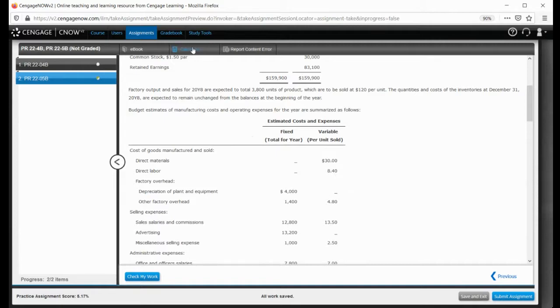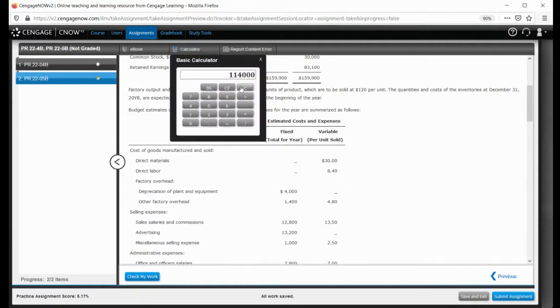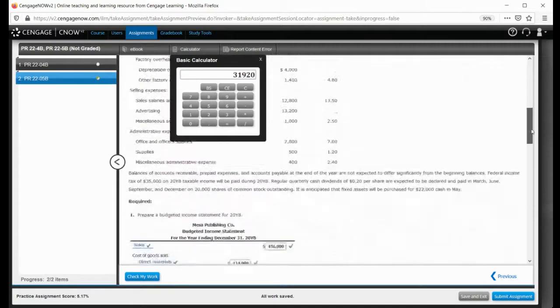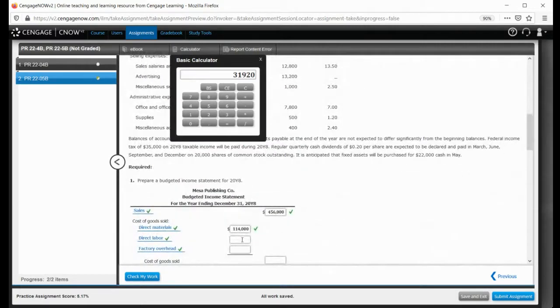It would be $8.40 is the amount of your direct labor per unit that you sold. You would multiply that by the 3,800 units that were sold, and that will give you $31,920 that goes in for the direct labor.